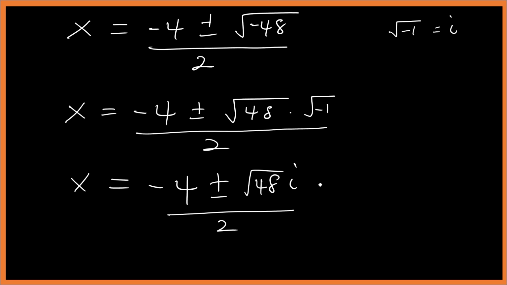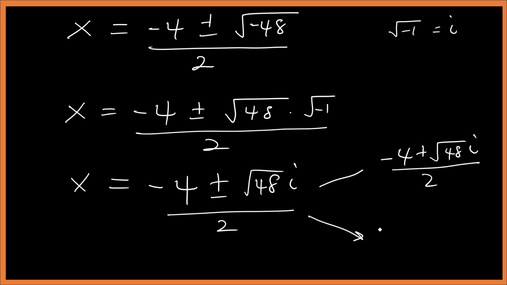So this one is the same as minus 4 plus square root of 48 i on 2, or minus 4 minus square root of 48 i on 2.